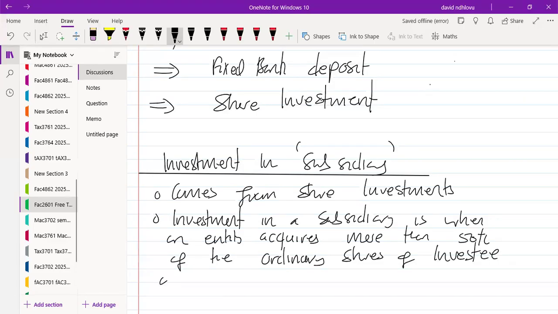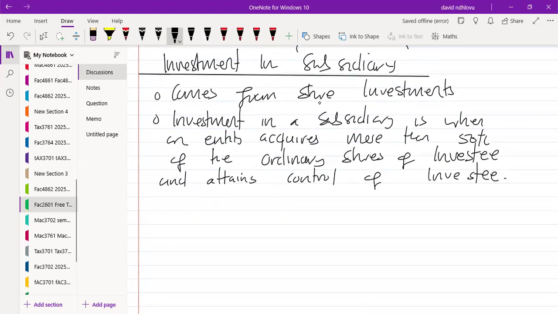And it attains control of the investee, meaning they now call the shots in that company. They have the majority of ownership, so they direct the company's affairs. They are the majority shareholder and direct the affairs of that particular company. So we call that an investment in a subsidiary.